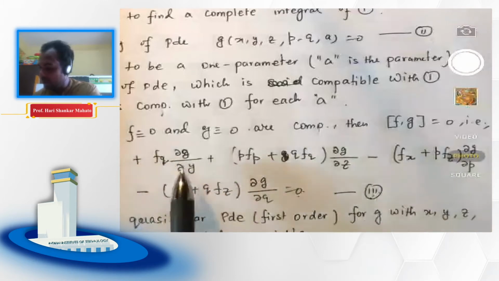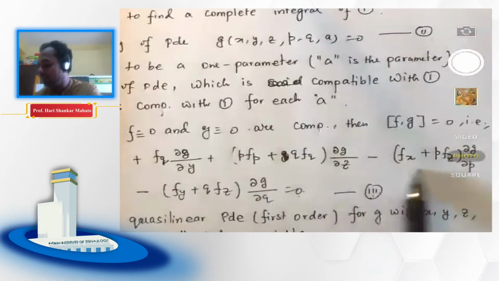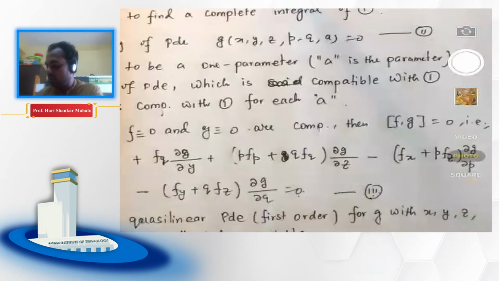Now this is our PDE 3, and if you see carefully, this has del G del X, del G del Y, del G del Z, del G del P, del G del Q. So that means it is an extended form of Lagrange's PDE. How do we write it? Then we can write Lagrange's auxiliary equations.